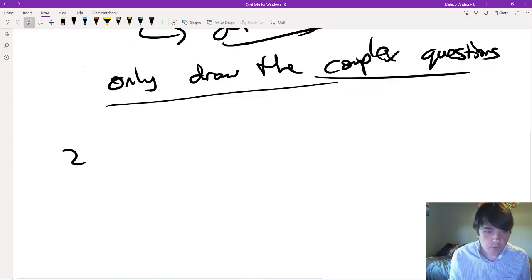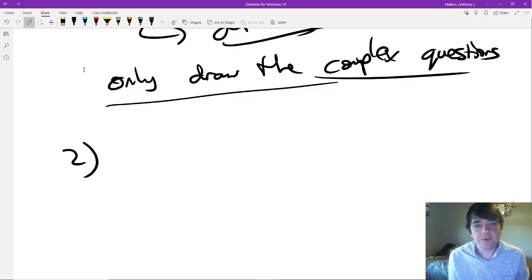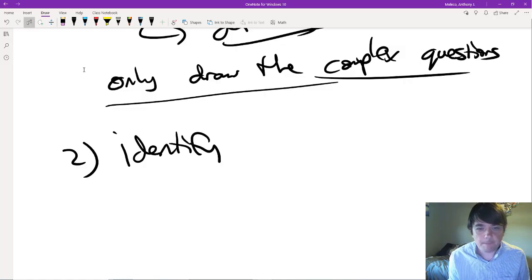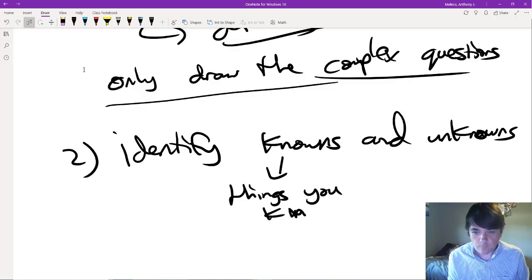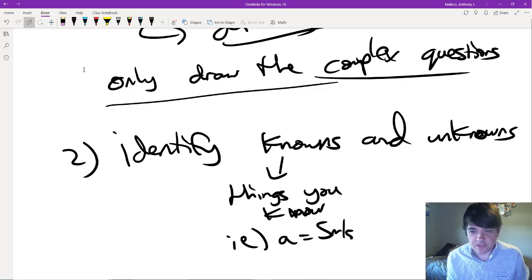Number 2, and this is not exclusive to these problems, but it's really well known. You want to do what's known as identifying knowns and unknowns. Knowns are things that you know, i.e., the acceleration's 5 meters per second squared or something, right? Unknowns are things you don't.